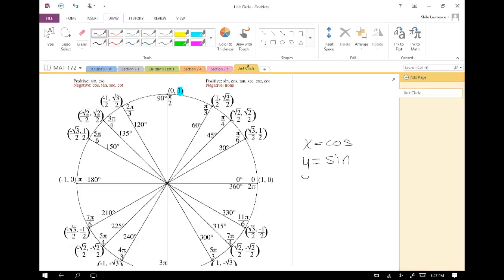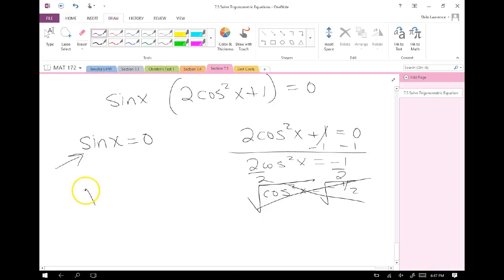So we're going to go to our unit circle. Sine is the y coordinate. And we're going to scan the y coordinates for 0. So go around, and we've got two answers. We've got 0 and pi. X is equal to 0 and pi.